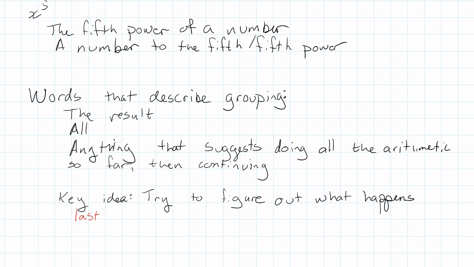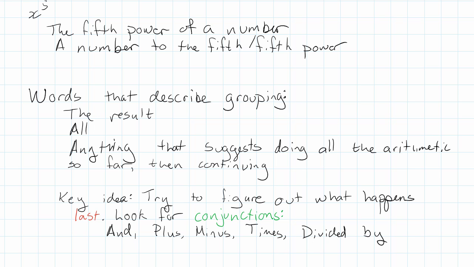And your friend in looking for that is to look for the conjunctions. In describing the expressions, we will often use the normal English conjunction and, but also conjunctions that refer to operations, plus, minus, times, or divided by.